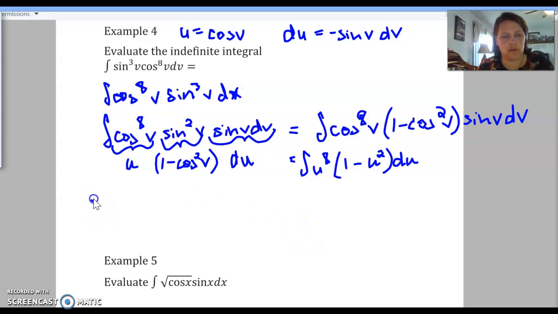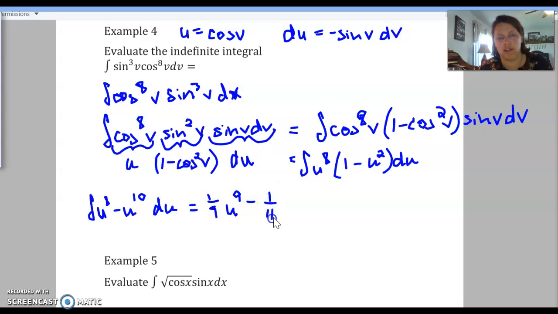Okay, so multiply that through, we get the integral of u to the 8th minus u to the 10th du, which is then 1/9 u to the 9th minus 1/11 u to the, oh, we forgot our negative. I knew I was going to do that, didn't I? When we do this substitution back in with our du, we need to make sure to put in a negative.